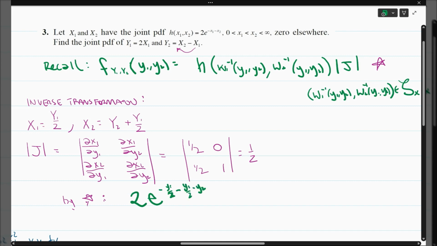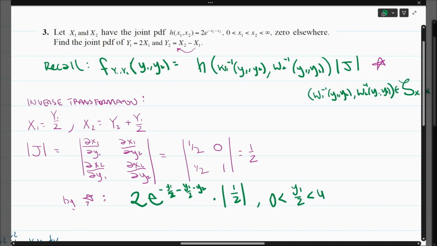Switching the order right there. Multiply that by the Jacobian. And we'll rewrite the support accordingly. 0 less than x1 less than x2 less than infinity.